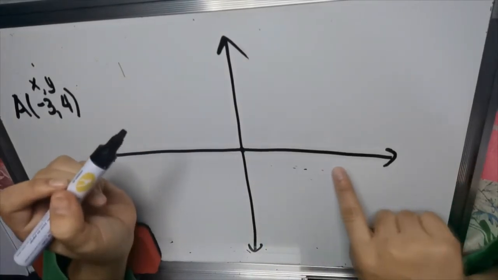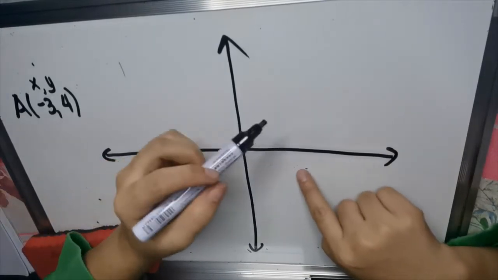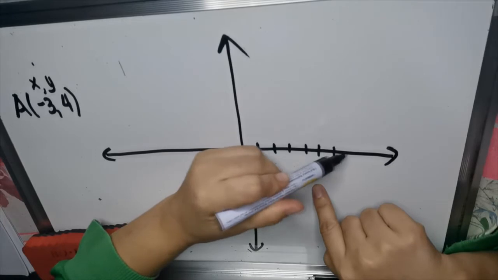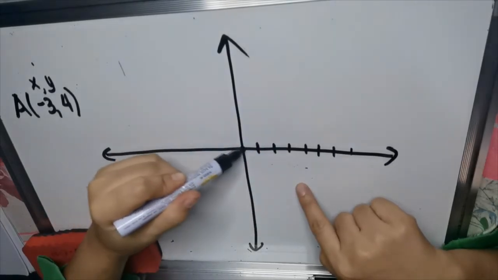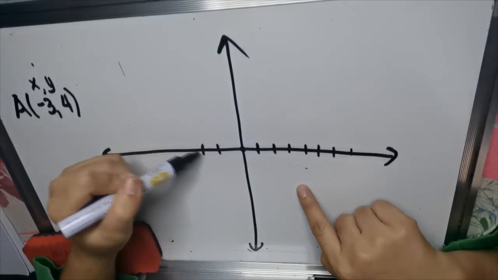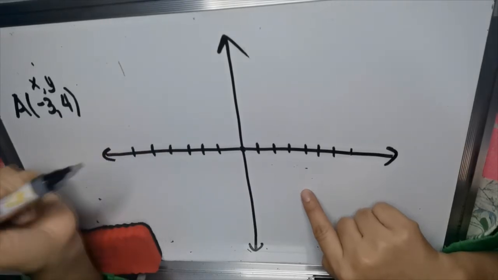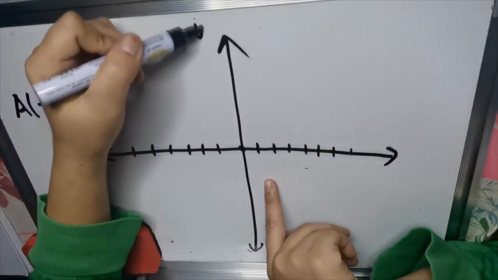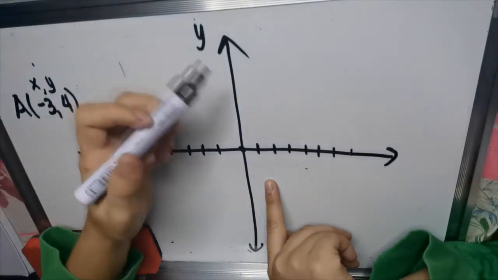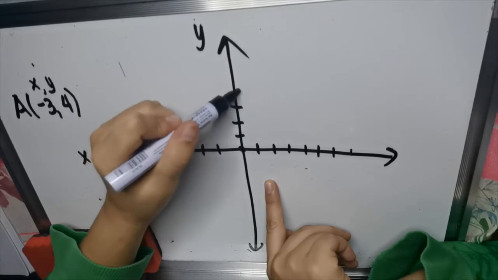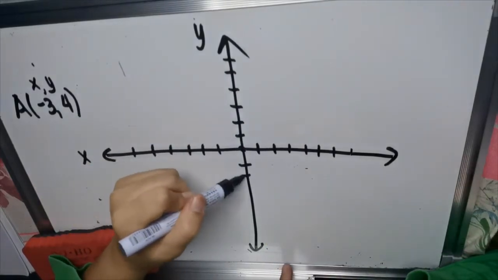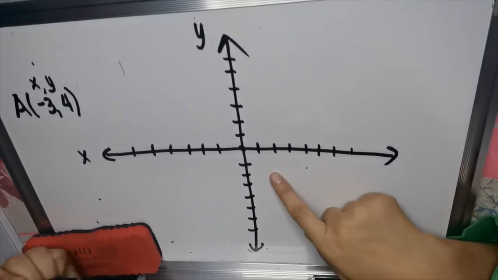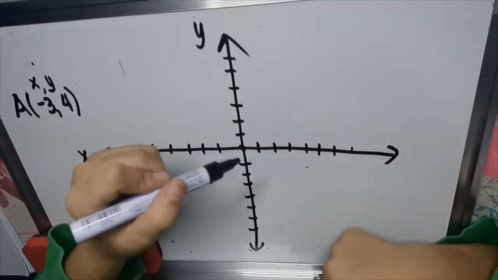Kung pupunta ka dito sa right niya, so these are positive numbers. Sa left nito, negative naman yan. And then, sa taas, wherein nandito yung ating y-axis, pagpataas, positive yan. Pagpababa, negative.